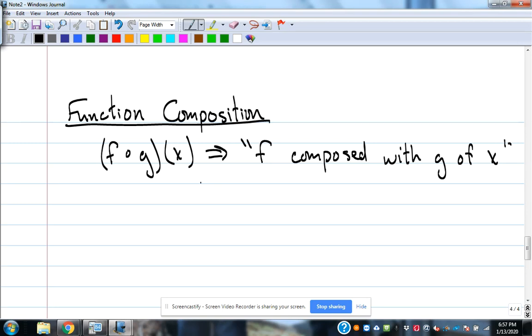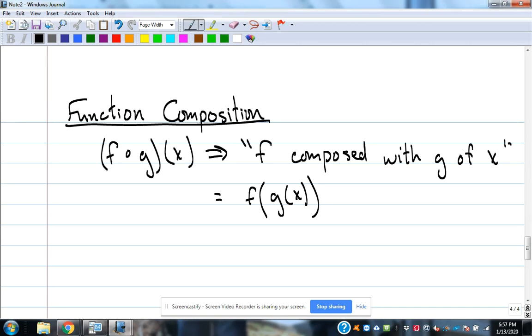The way that it works is it's like function value. You take the second function that's listed in the composition statement and you put it inside of the first function. So it's f of g of x is the math that's going to happen, and I'll show you that in just a second.